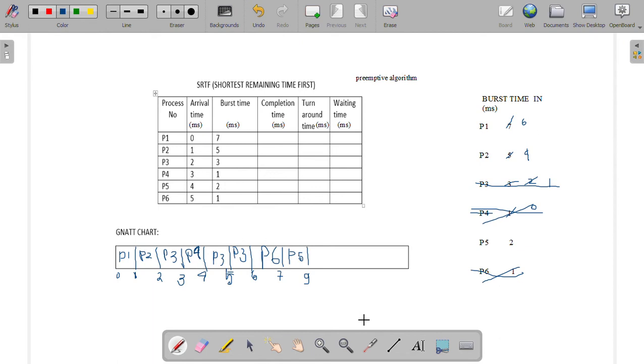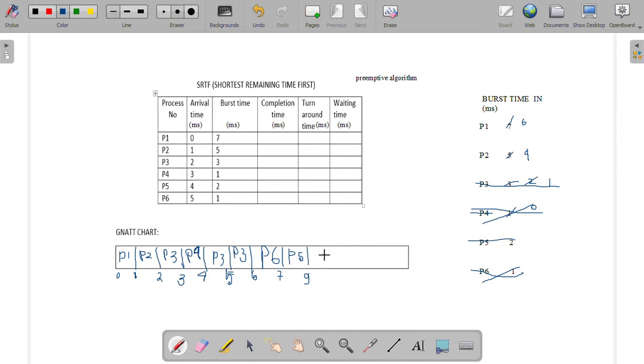Now again, process P5 has done. So among processes P1 and P2, whichever process has the least burst time, process P2 has the least burst time.